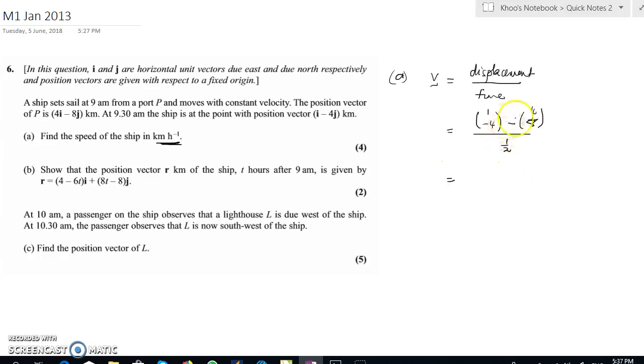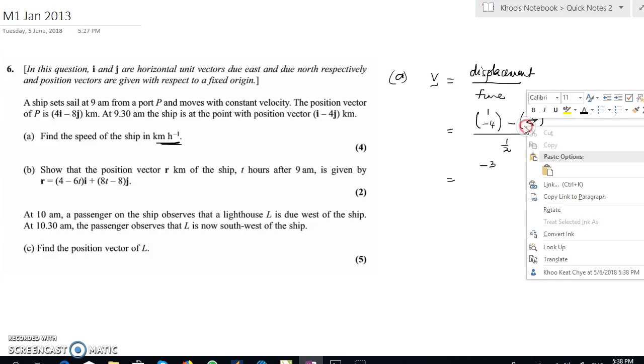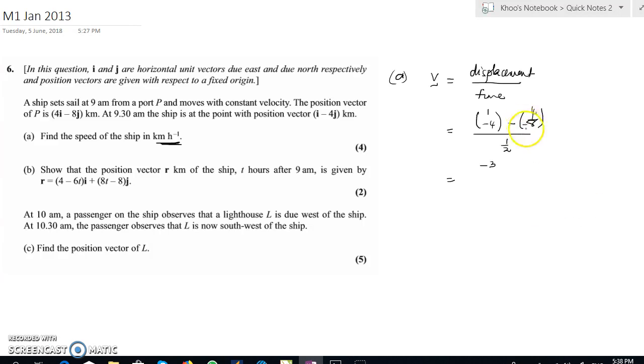Alright, simplify this, this will give us minus 3, minus 4. Sorry, there's an error here, there's a negative here, so that will be plus 1, so it will be 4. And divided by a half, that should give us 2 times this. So we want the speed. The speed is basically the magnitude of the velocity vector.